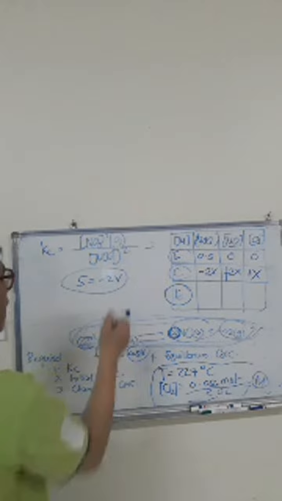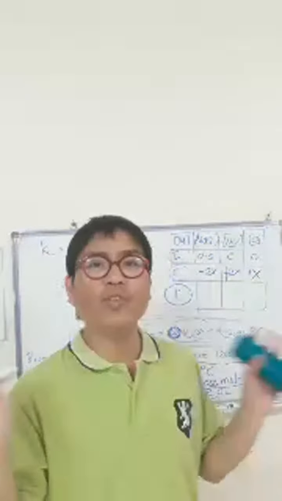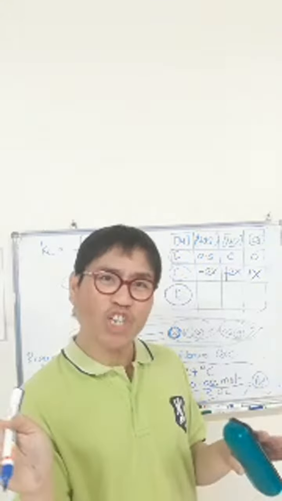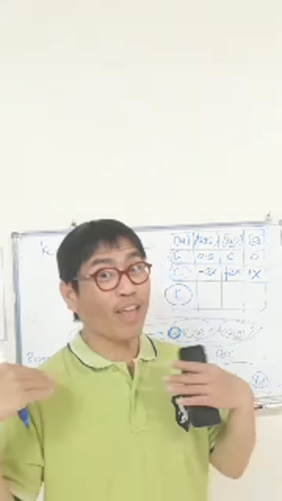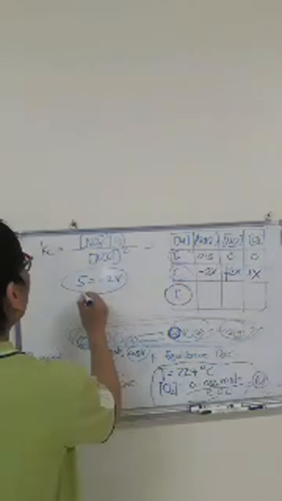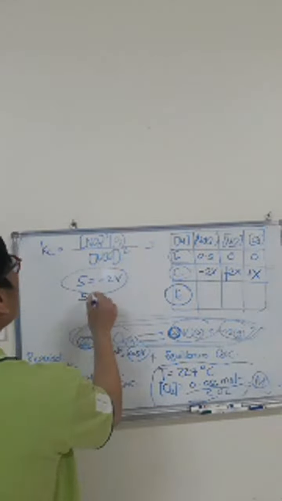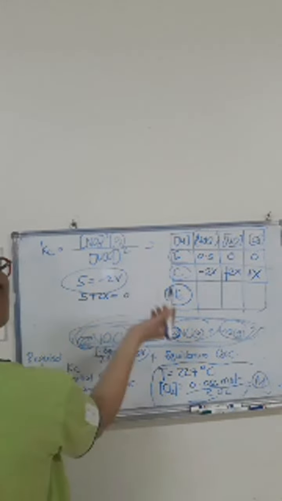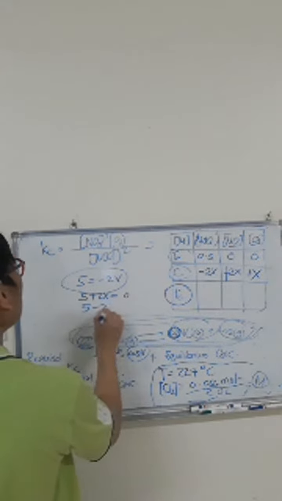And then, if in equilibrium, the result is 0 because you add the reverse reaction and the forward reaction, then it will equal to 0. The other one is negative, of course. Something like that. It will become, okay, 5 plus 2x is equal to 0. And then transpose, it will become 5 minus 2x.